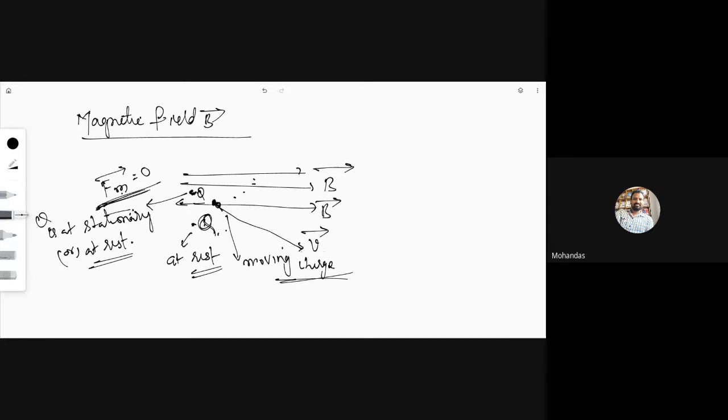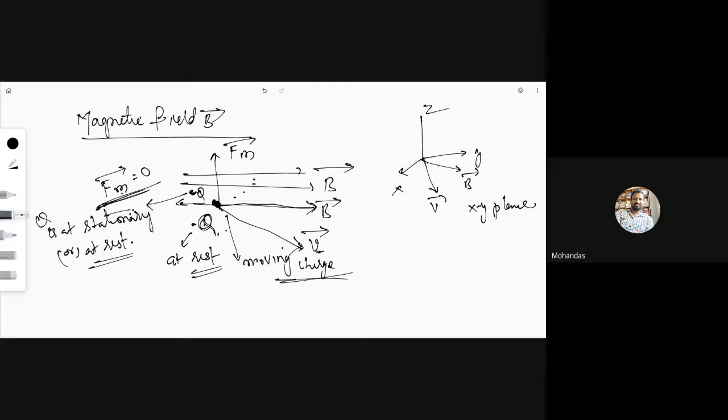If the same charge is moving with a velocity v, then the force is exerted on the moving charge. That force equals Fm, and this force is perpendicular to the plane containing B and V. Suppose you take our regular coordinate system x, y, z, and B and V are placed in the xy plane.